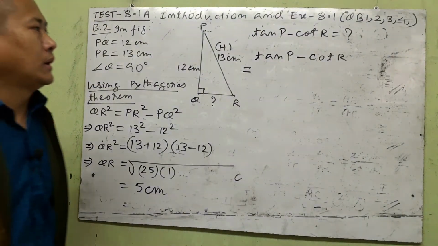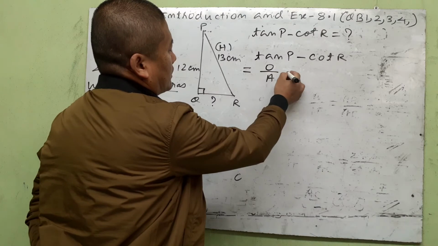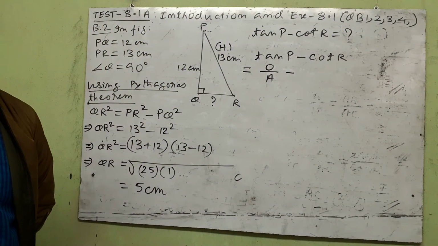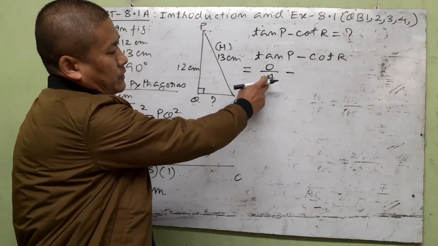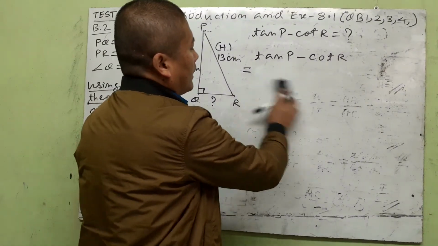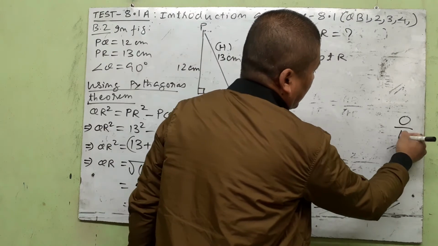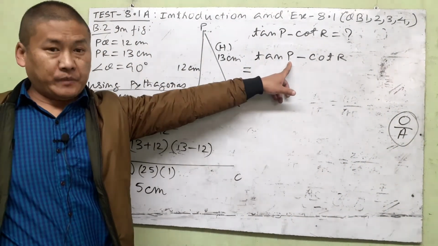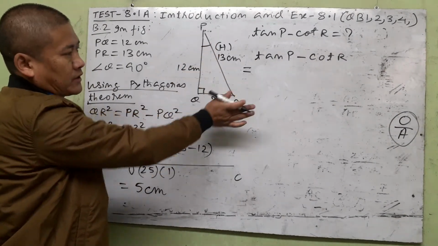Now we know tan is opposite by adjacent, that's correct. Once we are comfortable, we can avoid this step of writing O, A, H and go directly. So we know tan is O by A. So the angle is what? P, yes. So we are going to have to take this. When we take this, don't mark, okay? I'm marking for explanation.